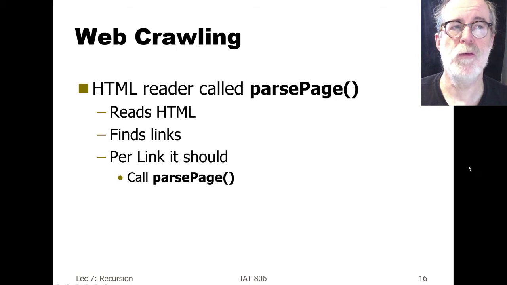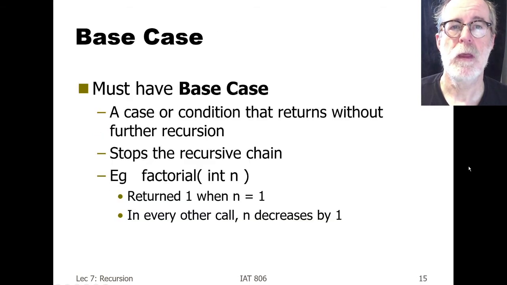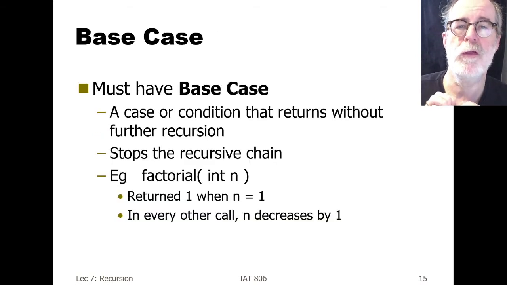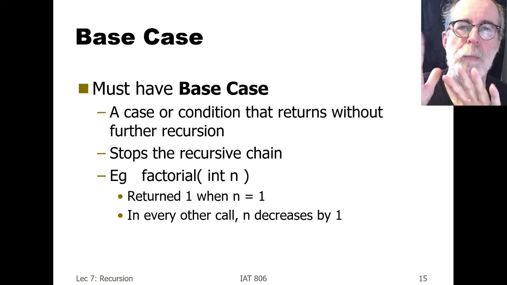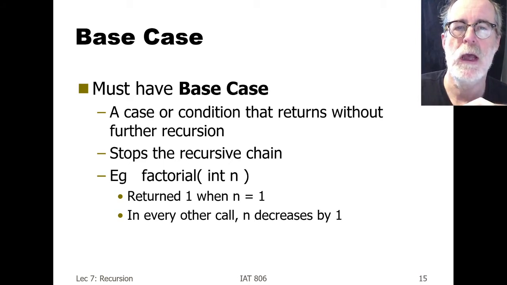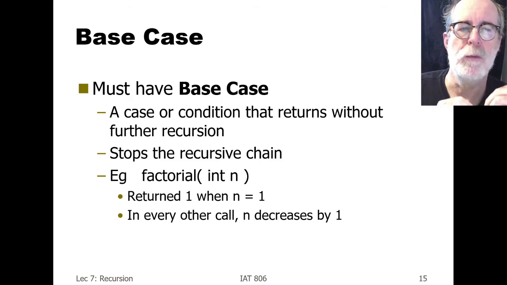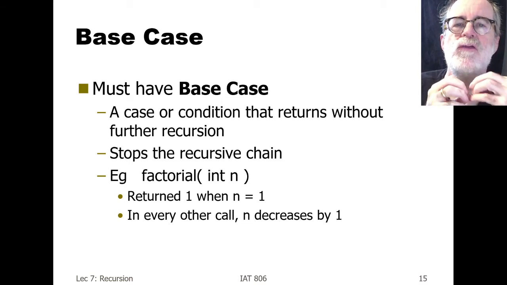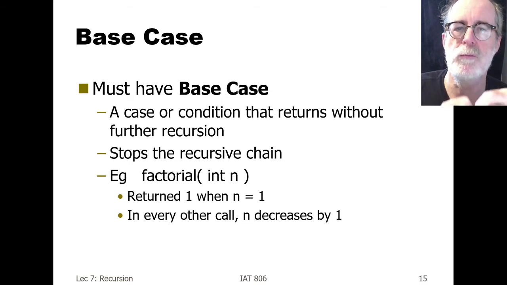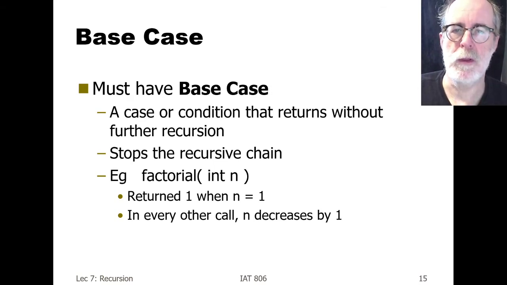Okay, so before I do this web crawling thing, one of the things that I've mentioned on the way here, but I'd like to emphasize right now, is that the concept of recursion is primarily to chop down the size of the problem domain step by step. And in the web crawling example I'm about to show you, that is also the case: we're chopping the size of the problem into smaller and smaller pieces.